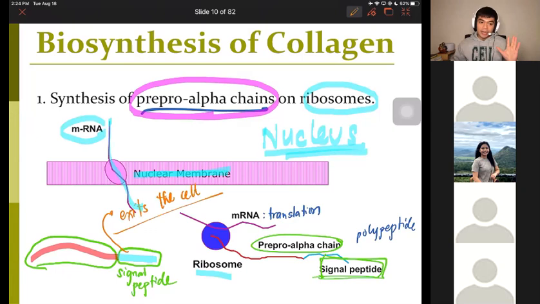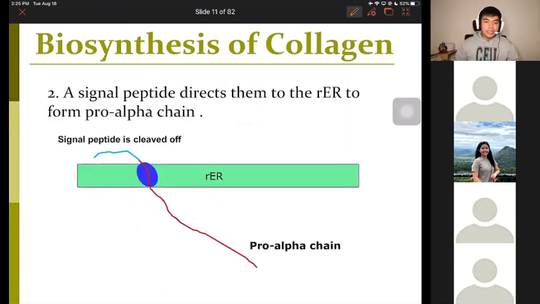Pag walang signal peptide usually, naiiwan lang yung peptide sa loob ng cytoplasm ng cell. Nasa loob lang siya ng cytoplasm. Okay? Kapag walang signal peptide. Pero pag may signal peptide, para siyang driver, lalabas tayo ng cell, hindi ka pang loob lang. Okay? Yun yung ibig sabihin ng presence ng signal peptide.